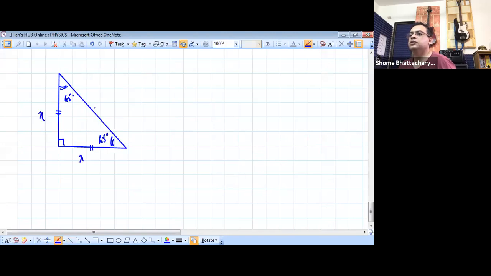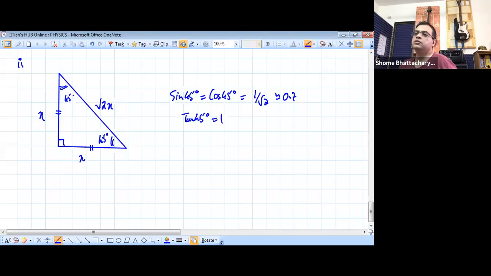If these two sides are x each, then this side becomes root 2x. So as you know, sin 45 is equal to cos 45 is equal to 1 by root 2. That is approximately 0.7. Okay. And tan 45 degrees is equal to 1.